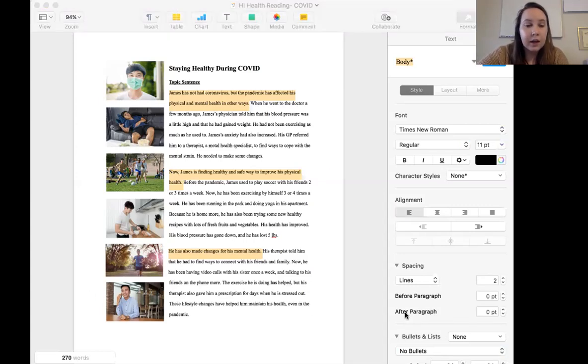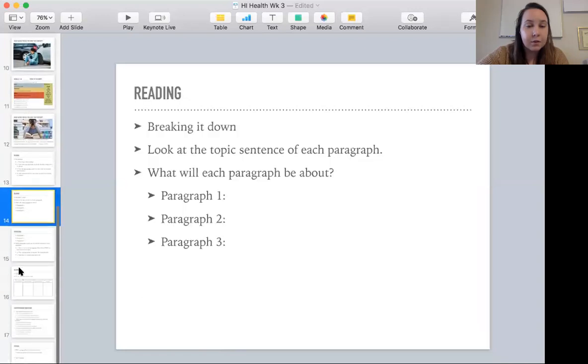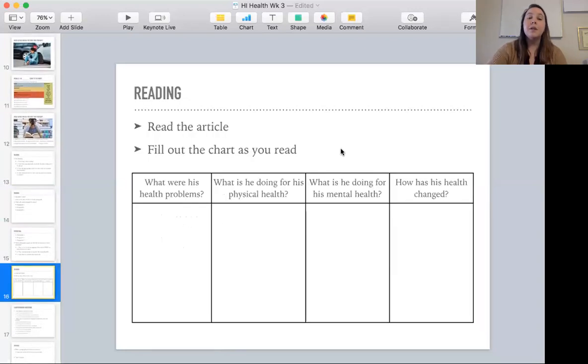And as we go over it, I want you to be thinking about these things, looking at what information is in the reading. The first part talks about what were his health problems. So looking at that first paragraph, how has his health changed? What is he doing for his physical health? So the second paragraph, what is he doing for his mental health?